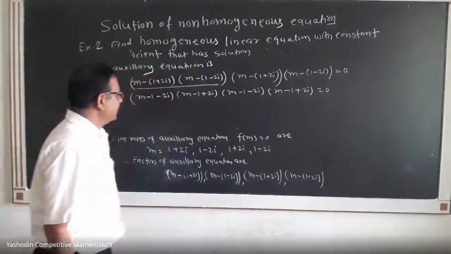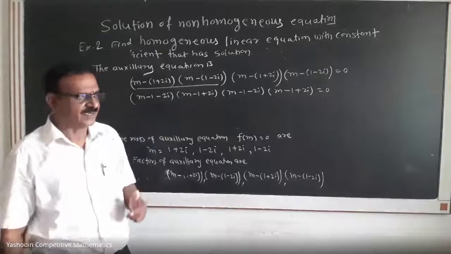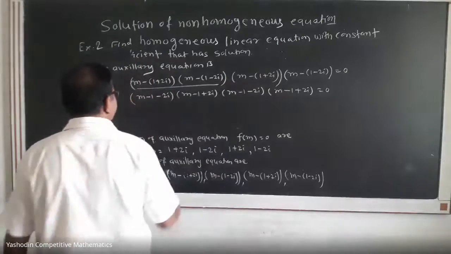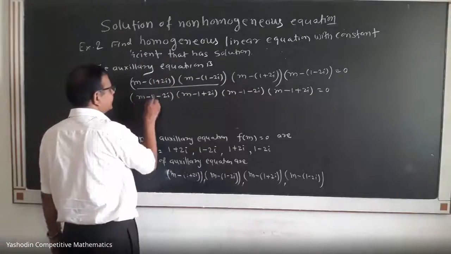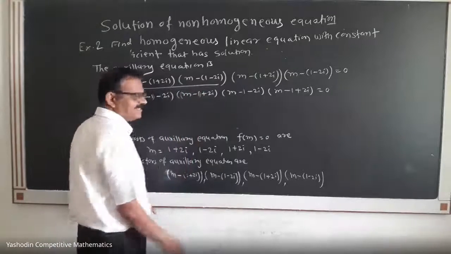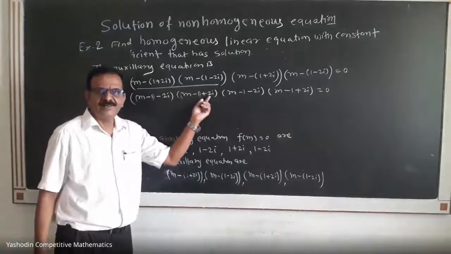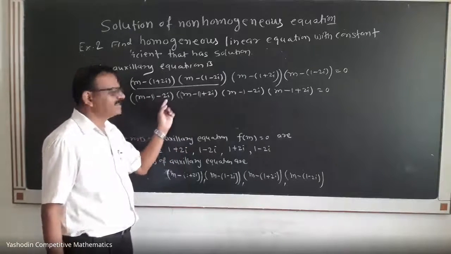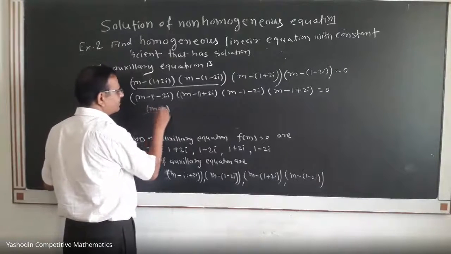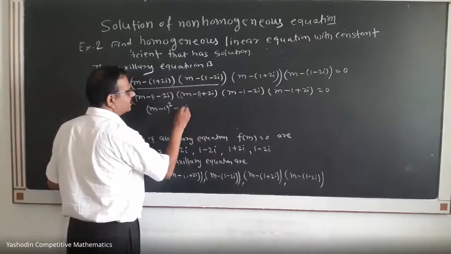And we know that if a minus b and a plus b are 2 factors, then their product is a square minus b square. Here, m minus 1 minus 2i and m minus 1 plus 2i. This is a minus b and a plus b. Therefore, that becomes a square minus b square. That is nothing but (m minus 1) square minus (2i) square.